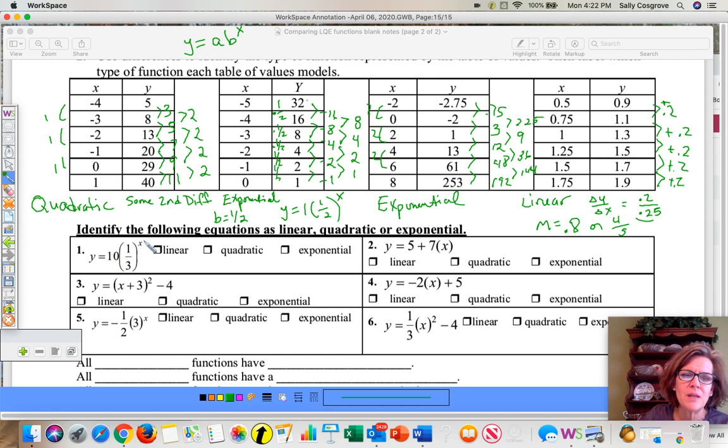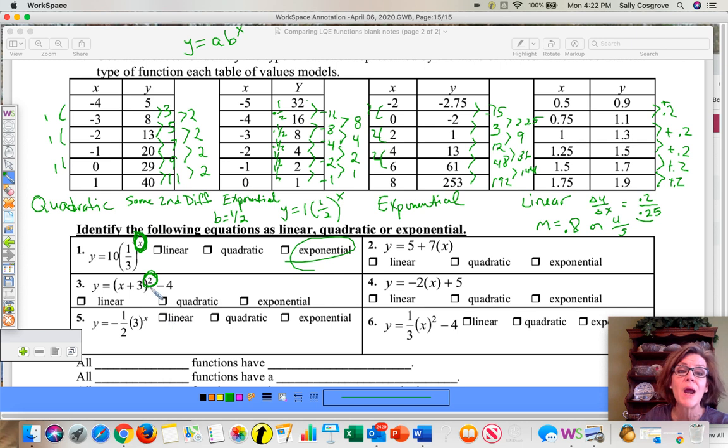Okay, all right. So right quick before we're done, let's look at these. 10 times 1/3 to the x. The key on this is, where is x? X is in the exponent. If x is in the exponent, then it is Shazam, exponential. Y equals x plus 3 quantity squared minus 4. What's the key? The exponent of 2.